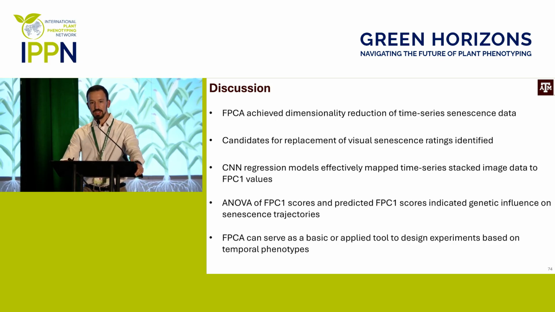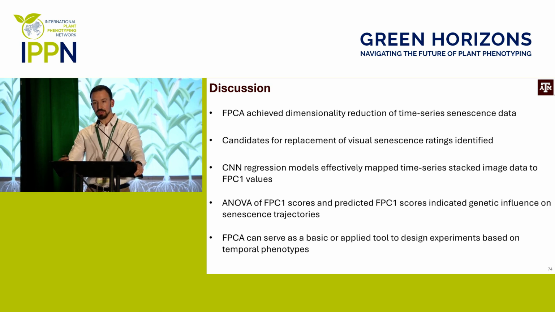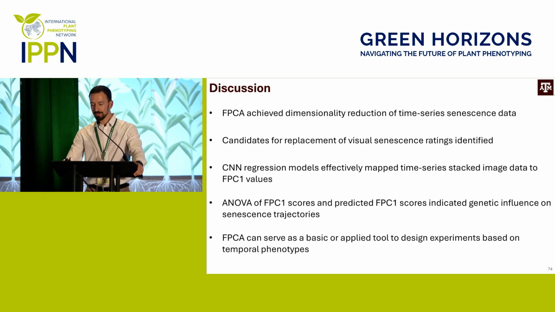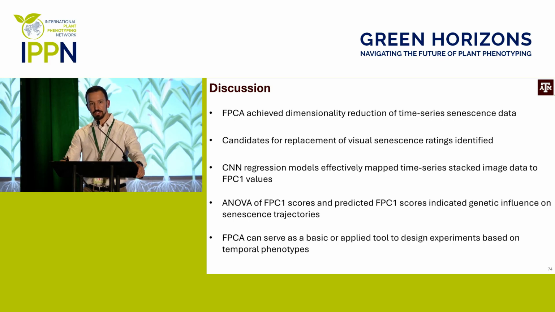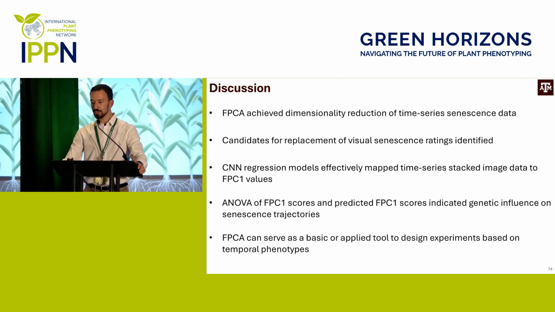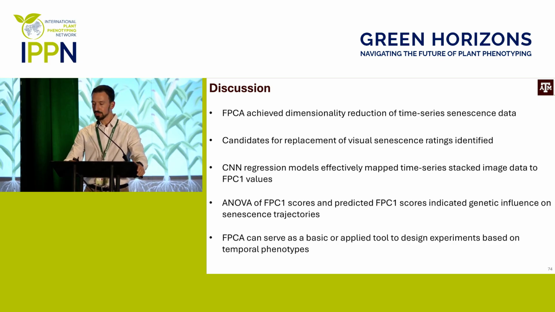And then looking at analysis of variance, we confirmed that there was a genetic influence on senescence trajectories. And I would argue that FPCA can serve as either a basic or an applied tool, because you can actually look at the temporal phenotype as opposed to evaluating phenotypes at static time points repeatedly.